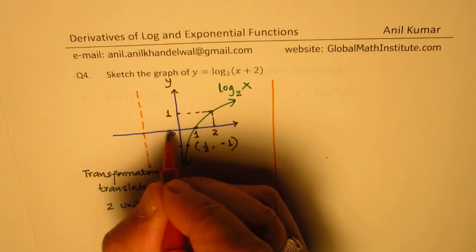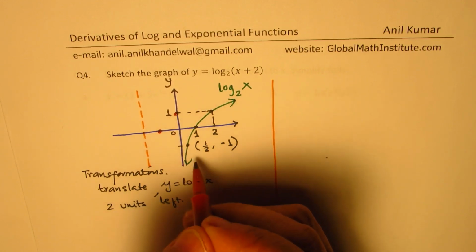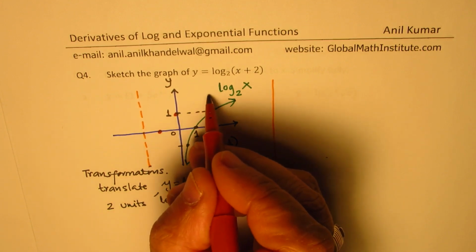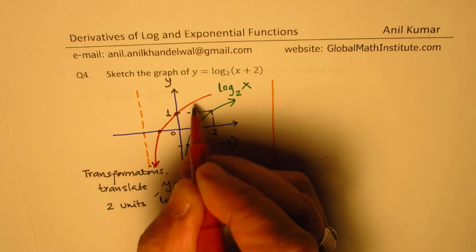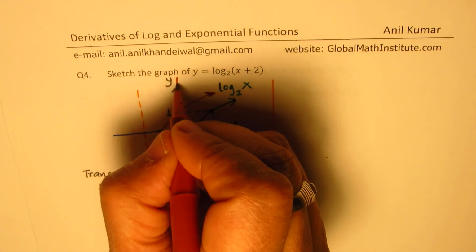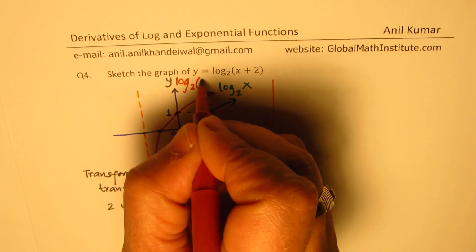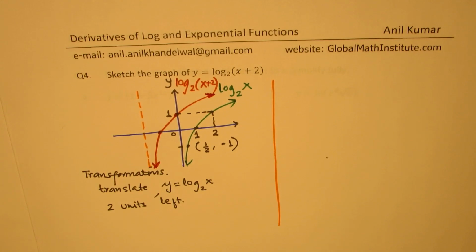So this 1 will come at minus 1, and this 2 will come at 0. So we have a graph which is translated, and that is your log to the base 2 of (x plus 2). So we have sketched this graph using transformations.